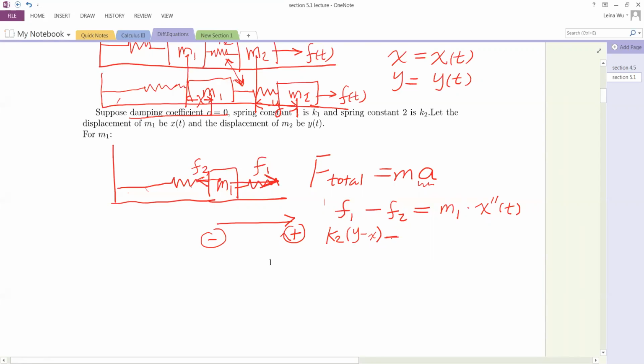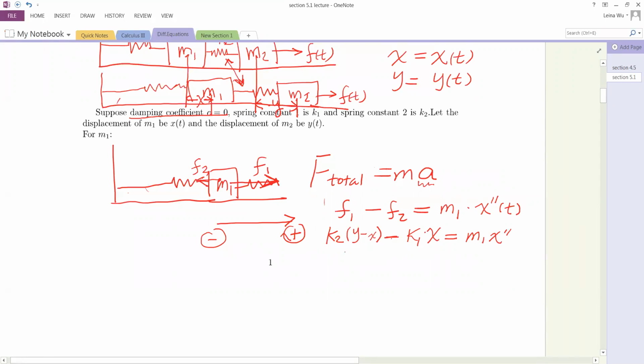F2 is only about spring number 1, right? Spring number 1 has constant K1, and it has been stretched completely only about M1, how much it has stretched, so just X. So that K1 times X equals M1 X double prime.